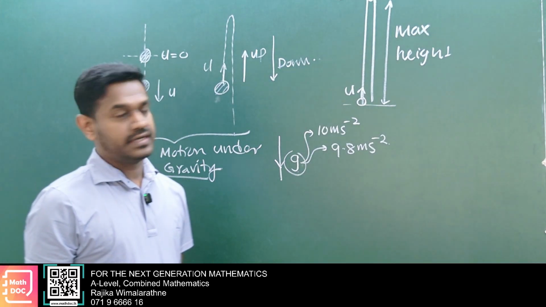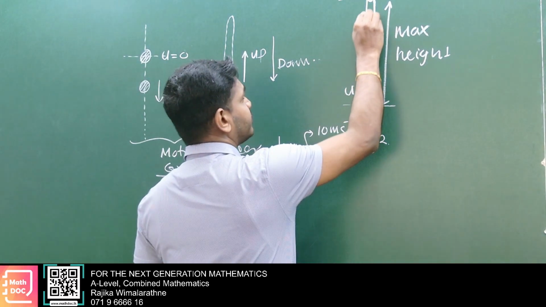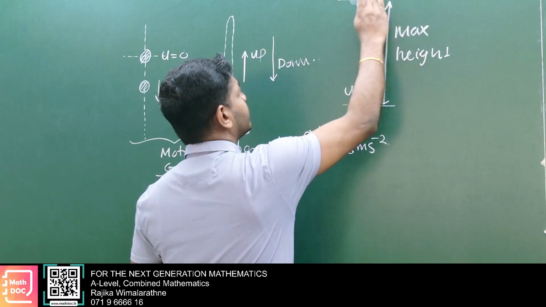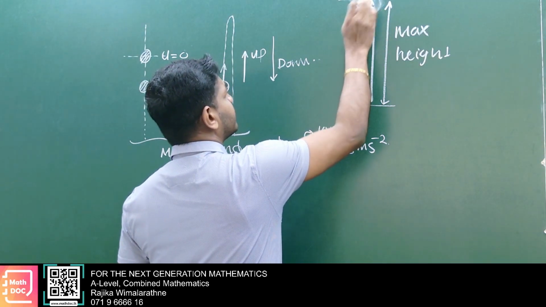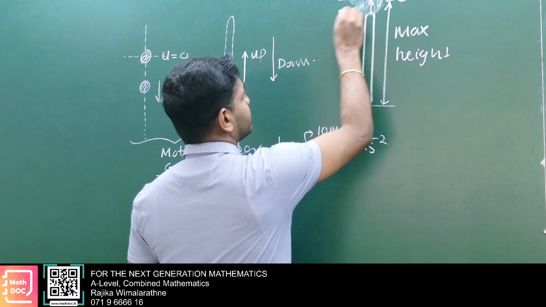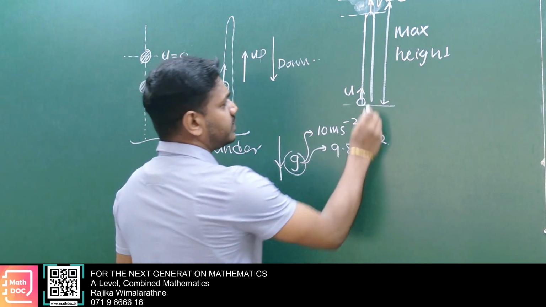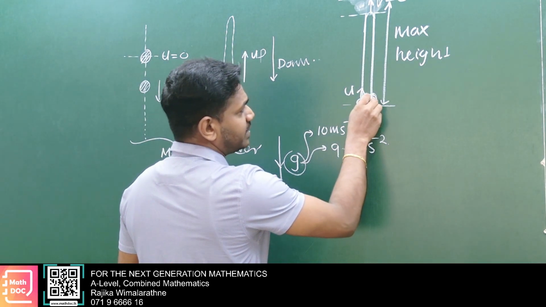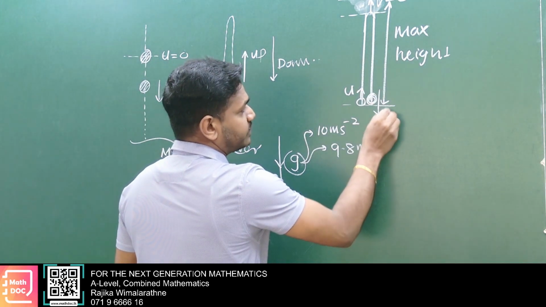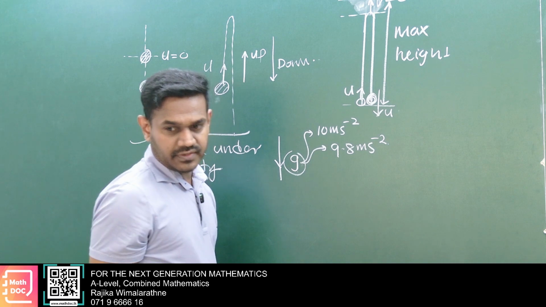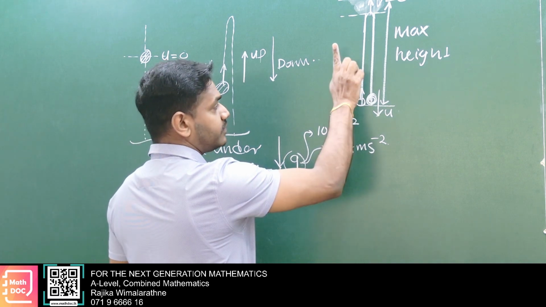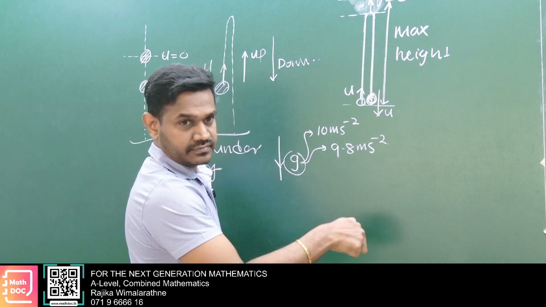Further it can't move upward. V equals 0 at maximum height. When it comes back to the same level, its velocity is downward u, because energy is conserved. Upward u, then downward u.